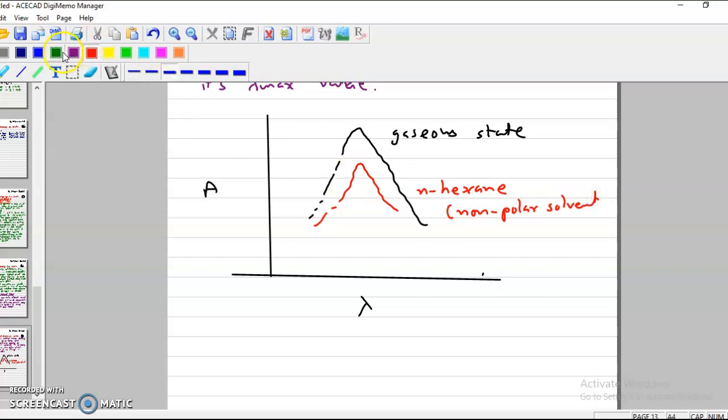And you can see in both the cases, lambda maxima remains the same. So there is not much difference in lambda maxima if we use non-polar solvent or gaseous state in UV visible spectra. So that's it in this lecture.